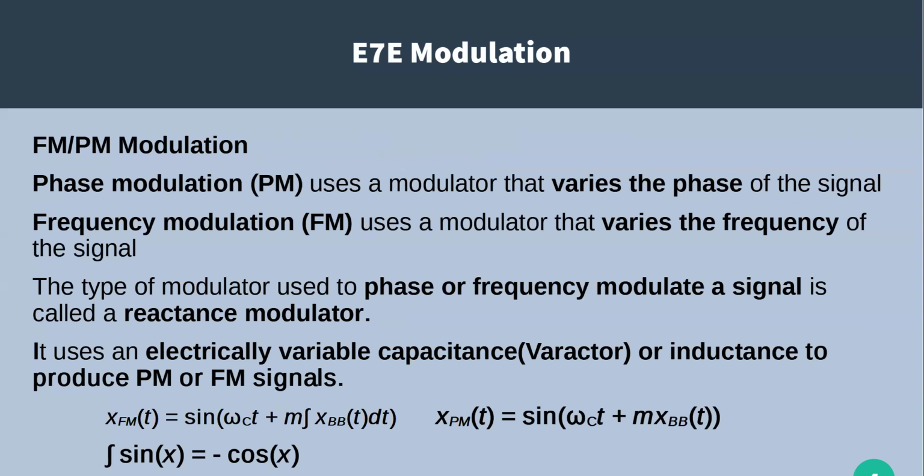There's also a variation of FM, which is called phase modulation, where you change the phase of the signal. In other words, you're changing it less than cycles, just a portion of the cycle. And that's called phase modulation.